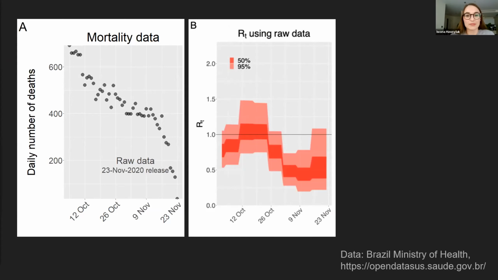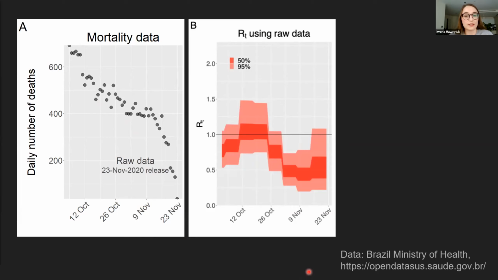Okay, cool. So here on the left, you can see the numbers of deaths due to COVID-19 per day in Brazil. They're shown here with the gray dots. This data was extracted from the publicly available database on the 23rd of November.